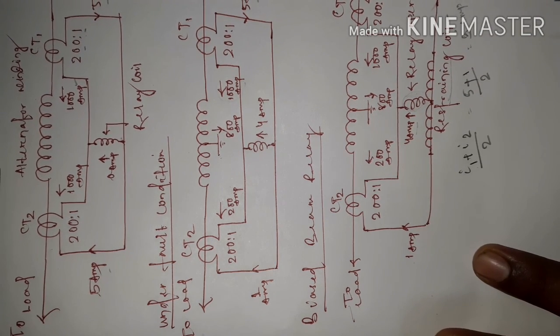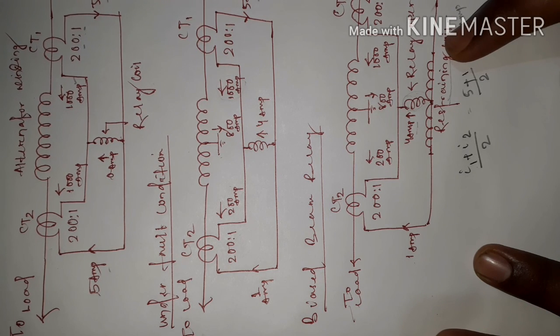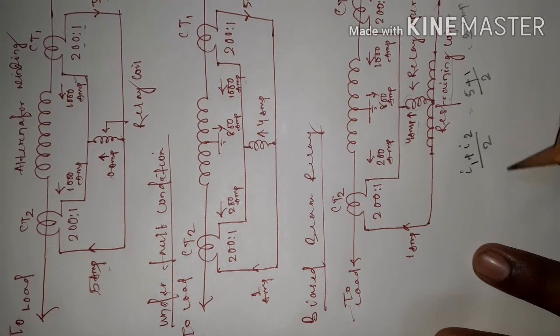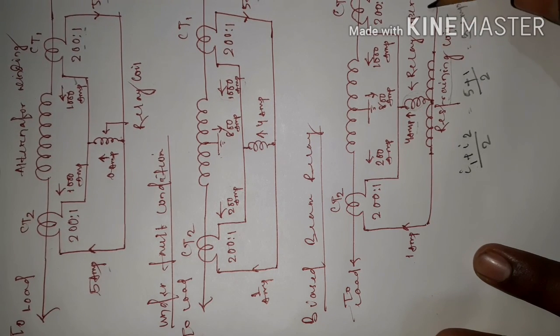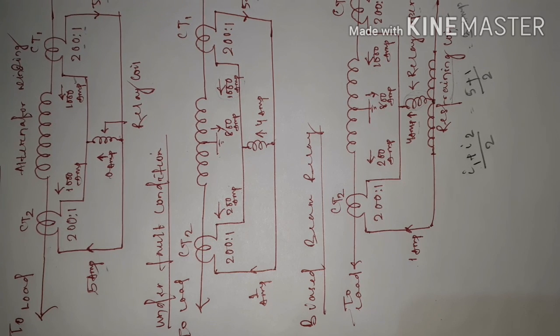So in that case, this relay is not able to operate, because the relay operates only when the current flowing through the relay operating coil is greater than the current flowing through the restraining coil. This is all about current differential relay.